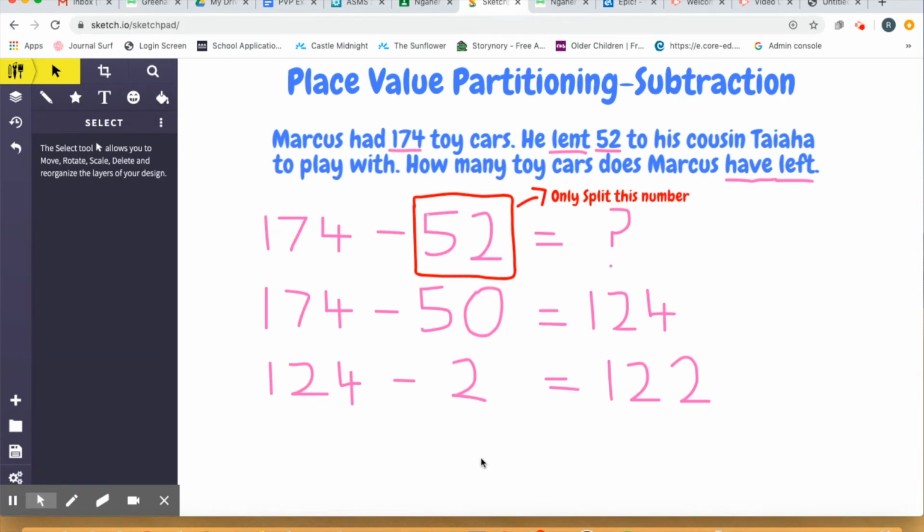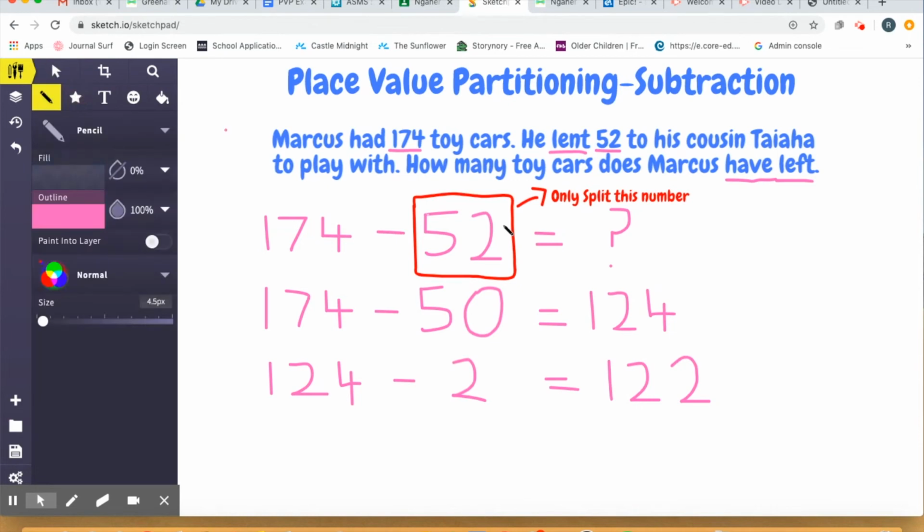I then take that 124 down here. And now I've got my second and last step here, which is 124 take away 2 is 122. That is it. That has to be my final answer. So I can write that in up here, 1, 2, 2.